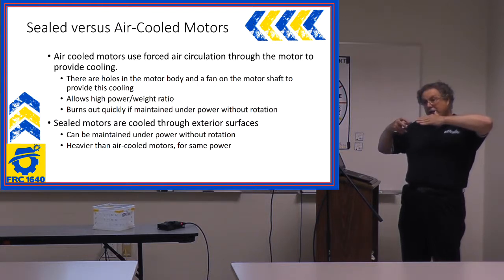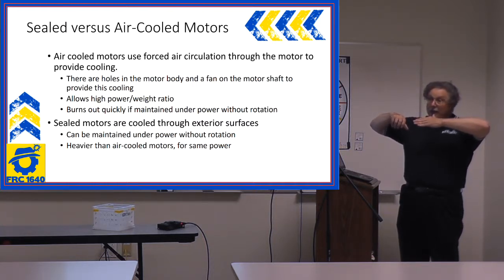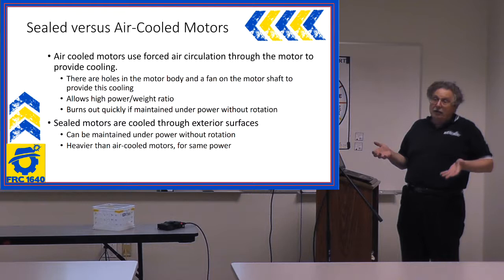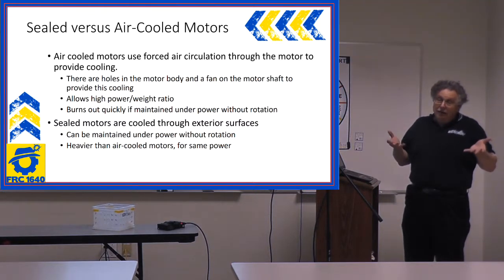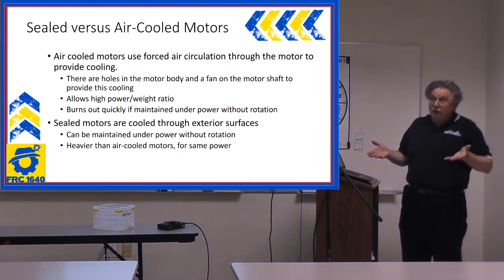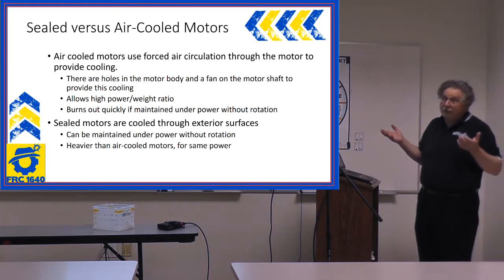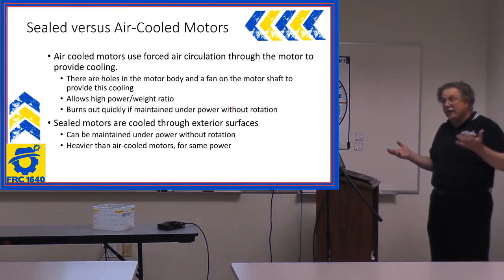Then we held it there by just having the motor stand still. We had PID control that moved the motor to maintain that 100-pound force. We kept power on that motor the whole match, except for when it was fired, and it was fine.